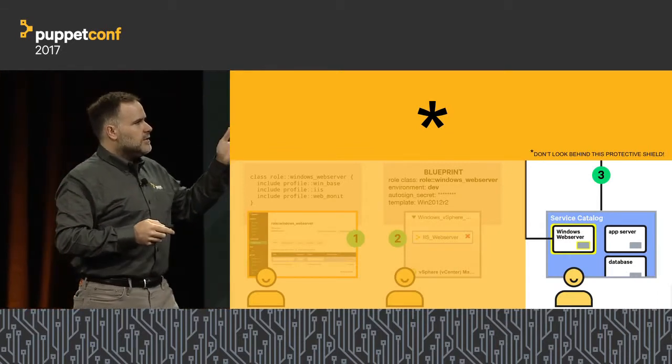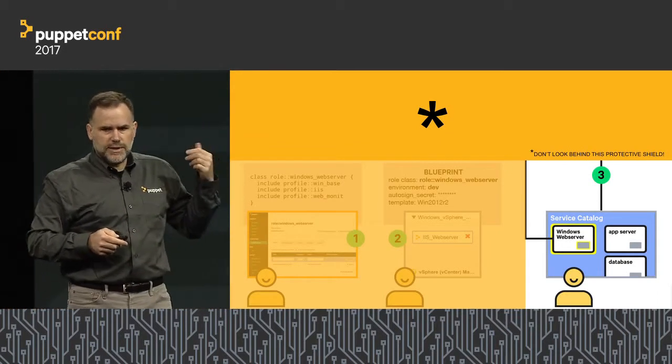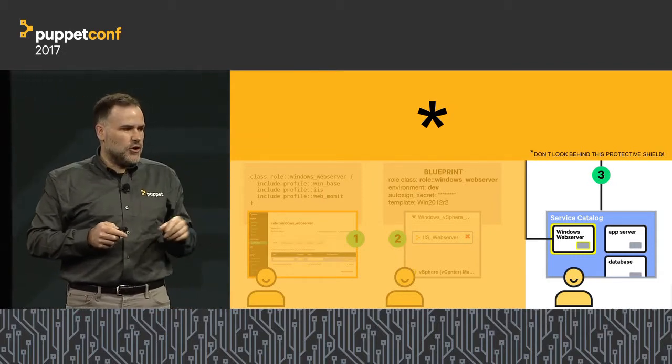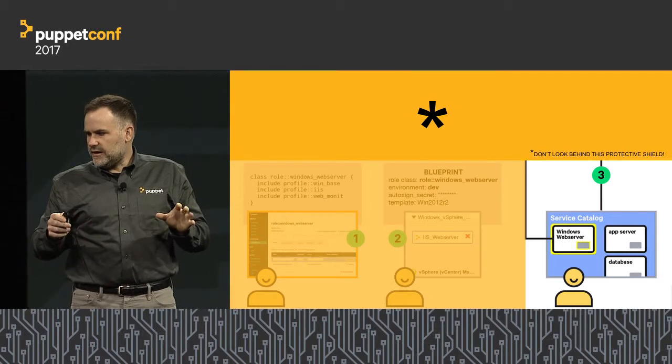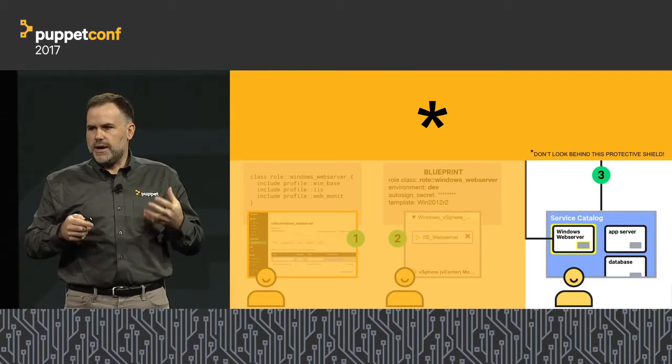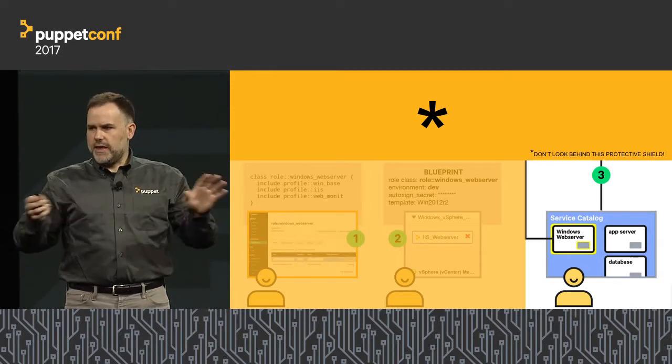But this is a schematic that I'll use a little bit later and show you a little bit more. I've got the asterisk there. It says, don't look behind this protective shield. Because a lot of times we try and boil the ocean, or we try and bite off a lot. We get a big mandate, and we just automate all the things.